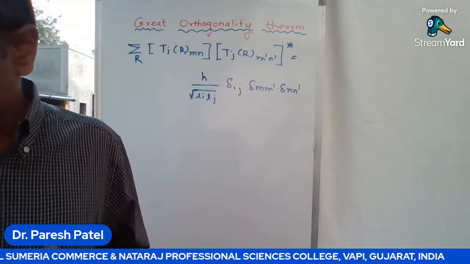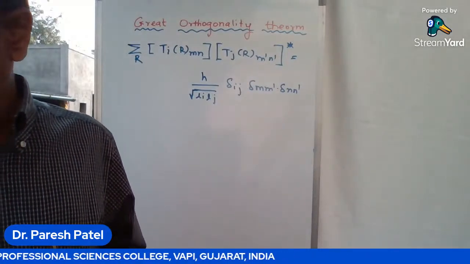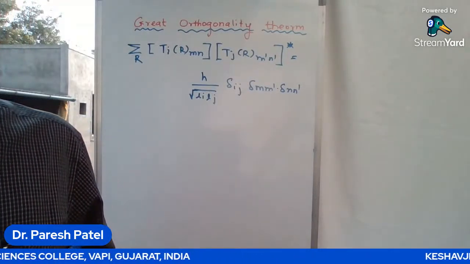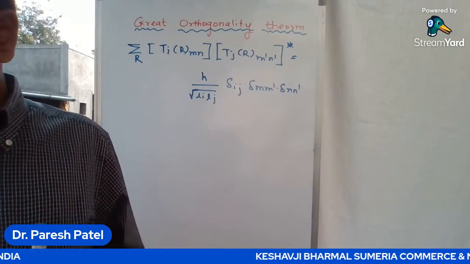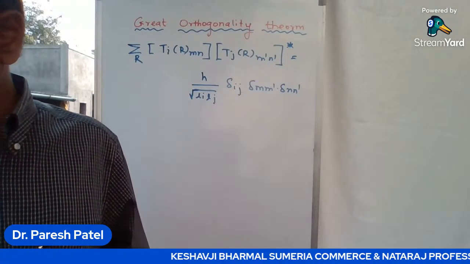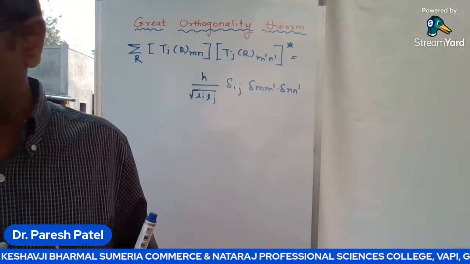We can apply this equation to any irreducible representations of the group; the elements of the matrices, as components of a vector, are orthogonal to each other.